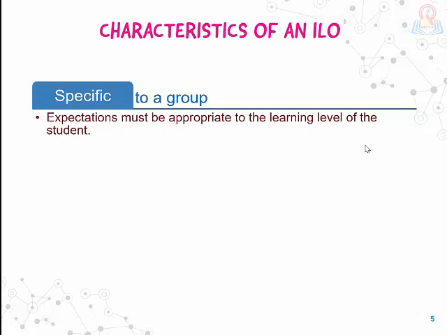The doctor will never prescribe the same medicine for a child and an adult, because the age and body condition will be different for different people. Similarly, in an education system, the outcome must be very appropriate to the learning level of the student. We must know the learning level, the existing knowledge, and the capacity of the learners, and take all of these into consideration. The content also must be appropriate for the particular group.